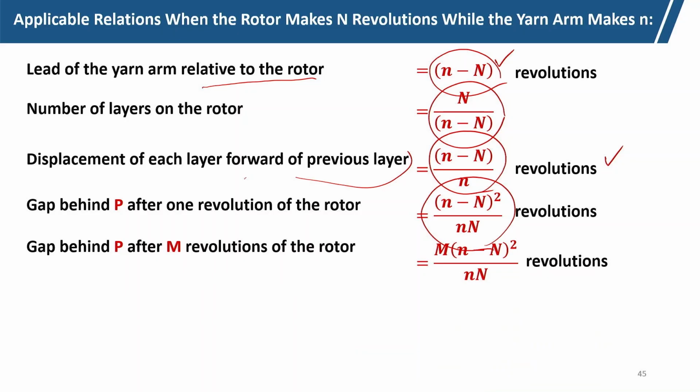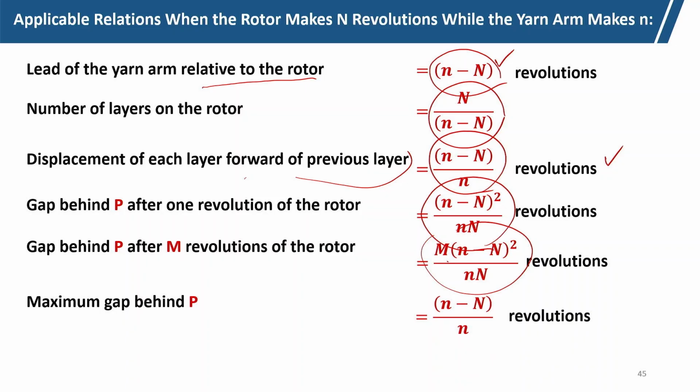The gap behind P after the mth revolution is m multiplied by (N minus n) squared by m N n. So, this is the generalized situation here, and the maximum gap behind P is N minus n by small n revolution.